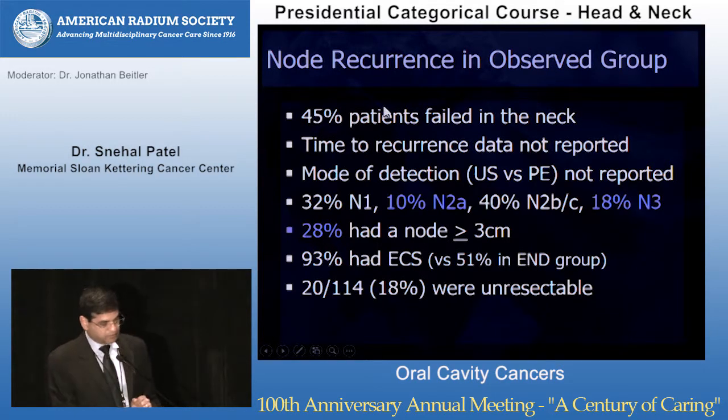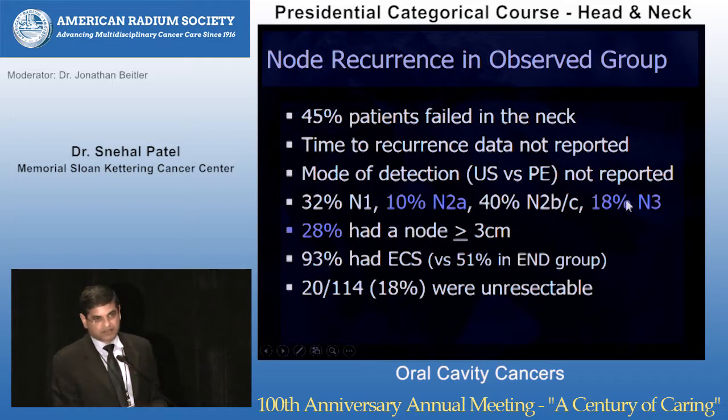So dissecting this a little further, if you look at the observed group, almost 50%, 45% of patients failed in the neck. They did not report how long it took for the patient to fail. So we don't know how quickly these recurrences occurred. More importantly, they did not report how the recurrence was detected, whether it was an ultrasound or physical examination or both. And that's also important because about 18% of patients failed at stage N3.